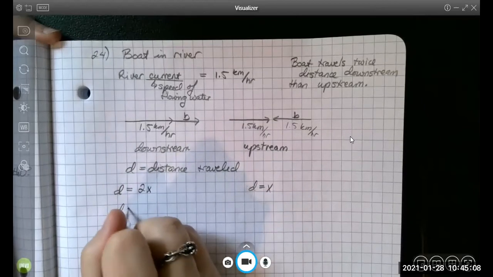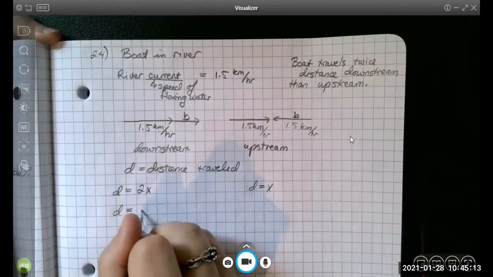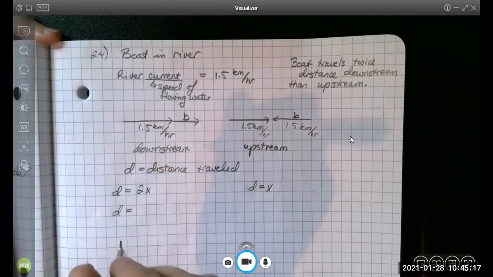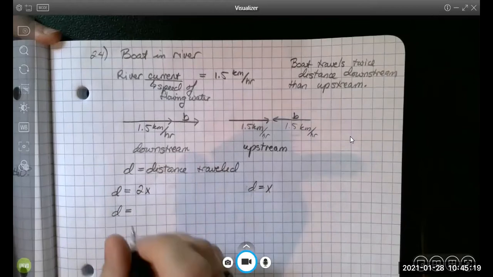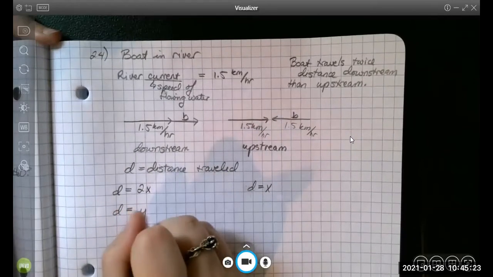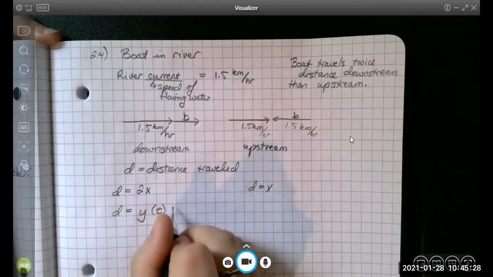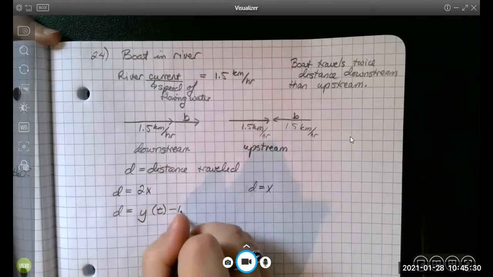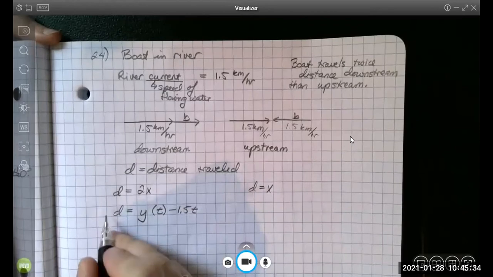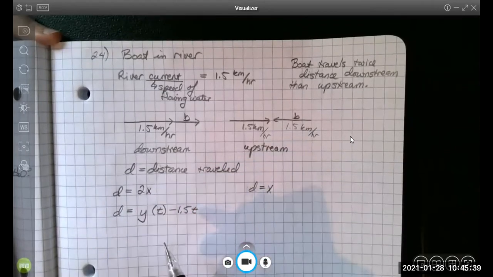The distance the boat travels is going to be equal to the speed of the boat. So we'll let, let's say, the speed of the boat, y, times time, minus 1.5 kilometers per hour times time. And that's our distance. And that's also equal to 2x.